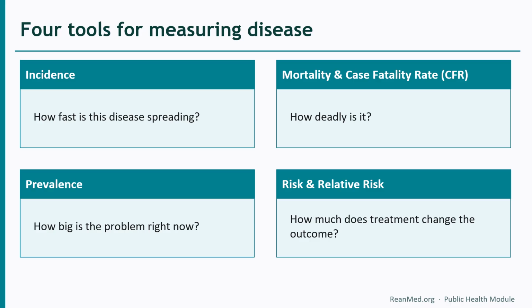Relative risk tells us how much a treatment helps you. So relative risk can help us know, is a certain treatment reducing your risk of a bad outcome, or does it increase the risk of the bad outcome? And so together, risk and relative risk help us understand how much a treatment changes your outcome.